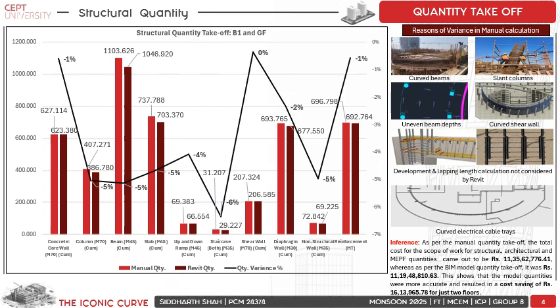So after calculating the manual quantities for architectural, structural, and the four services, we prepared a BOQ for the manual quantities and the automated quantities.